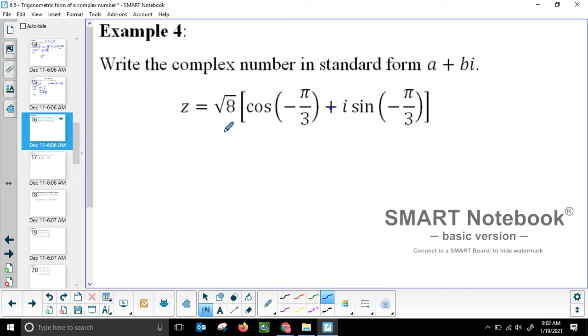All right. Well, negative pi over 3 rather, is the same thing as, if we only like positive values, since that's what we have on our unit circle, we can add 2 pi here, which is 6 pi over 3, right? And that would give us 5 pi over 3.